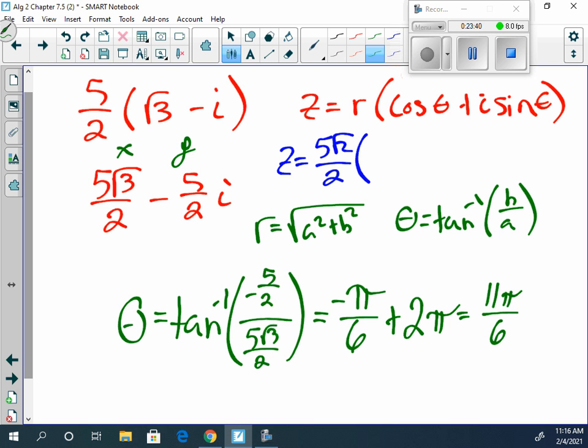Because our denominator is 6 and 2 whole ones would be 12. 6 times 2 is 12, so 12 minus 1 is 11. And what we have left is cosine of 11 pi over 6 plus I sine of 11 pi over 6 would be our overall answer.